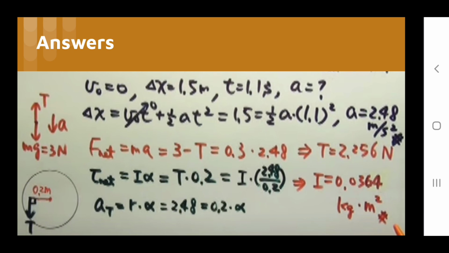Once you do that, you'll have the acceleration at 2.48. Now here are the force and torque equations. We divide 2.48 by the radius of where the box is hanging on the wheel, so 0.2, because we need the angular acceleration, which is acceleration divided by r, which gets us 12.4.